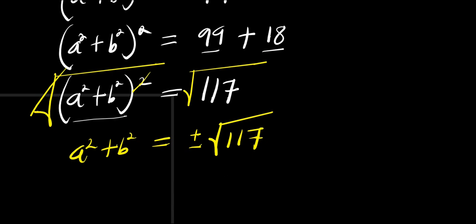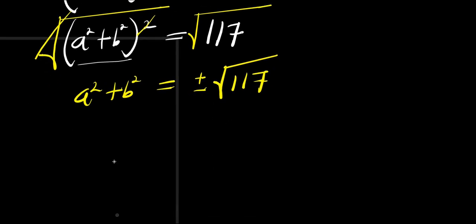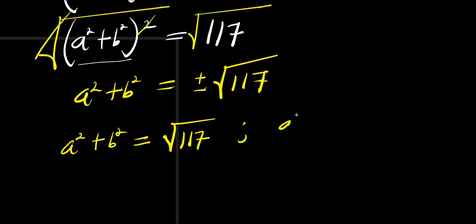Now, that means we can have a squared plus b squared equals positive root of 117, and a squared plus b squared equals negative root of 117.